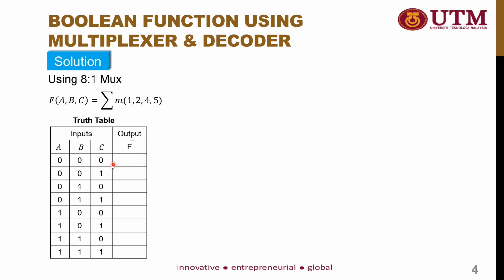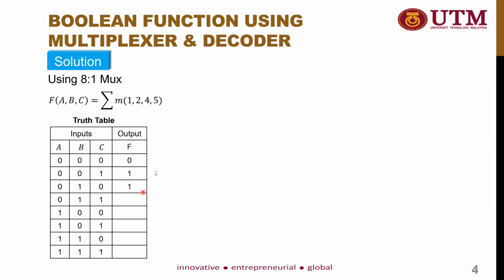The first row is actually row number 0. As row number 0 is not selected inside this expression, it will become 0. This is row number 1. Row number 1 is selected by this expression, so it will become 1. This is row number 2. It is also selected, so it will become 1.